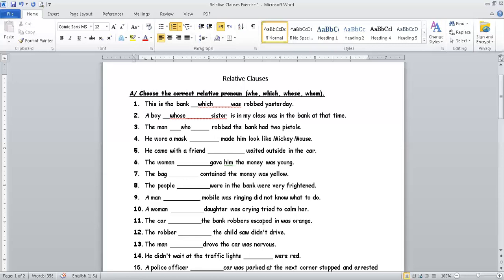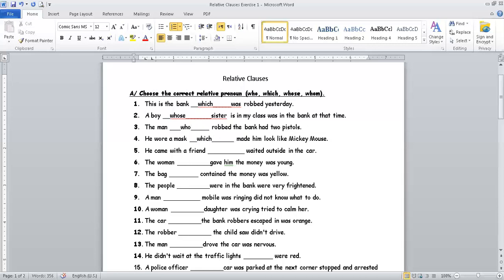Number 4, he wore a mask ___ made him look like Mickey Mouse. We want to define a mask, and the mask is something. So we choose a suitable relative pronoun to define the mask.